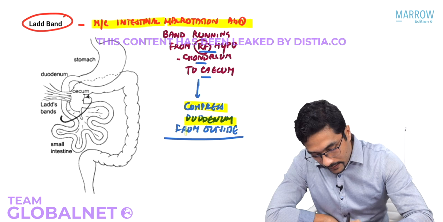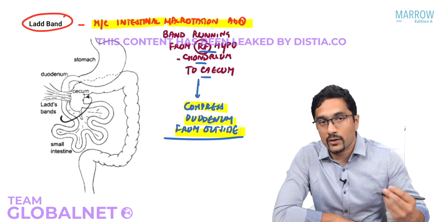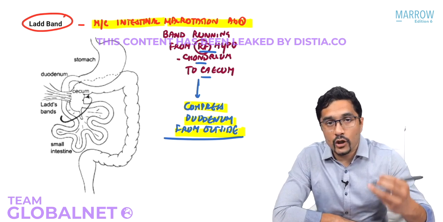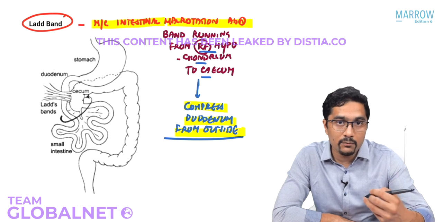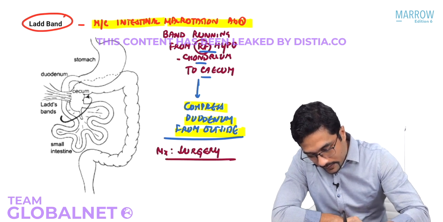We've already discussed the clinical features of intestinal obstruction, and we've discussed the workup of intestinal obstruction multiple times. I'm not repeating that. So it compresses the duodenum from outside and gives rise to duodenal obstruction. The patient can again come with bilious vomiting, and the management in this case is surgery, which is excision of the Ladd's band.